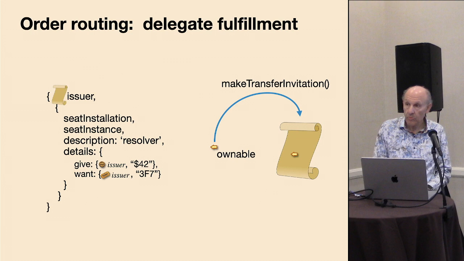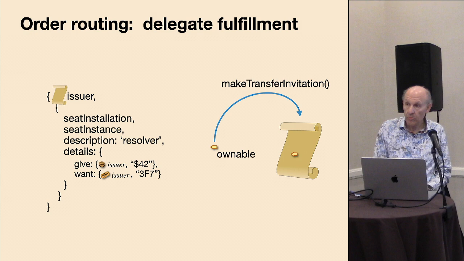More interestingly, the seat resolver made into an ownable enables what in finance is called order routing. Maybe the original contract that got the seat resolver, saying Alice has made available $42 and wants a ticket for seat 3F, is in a position to say there's another contract elsewhere in the network in which the market is thicker, which represents a better opportunity to fulfill Alice's needs.